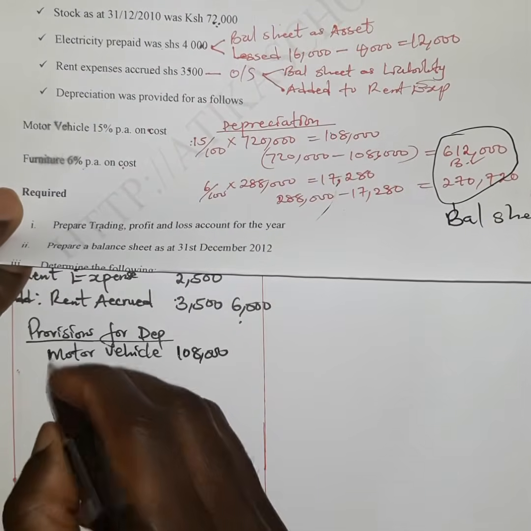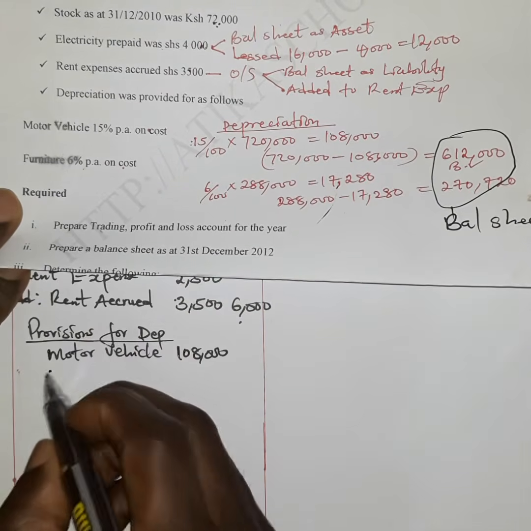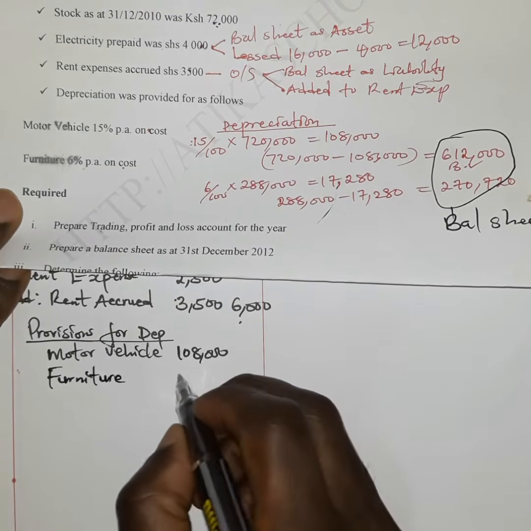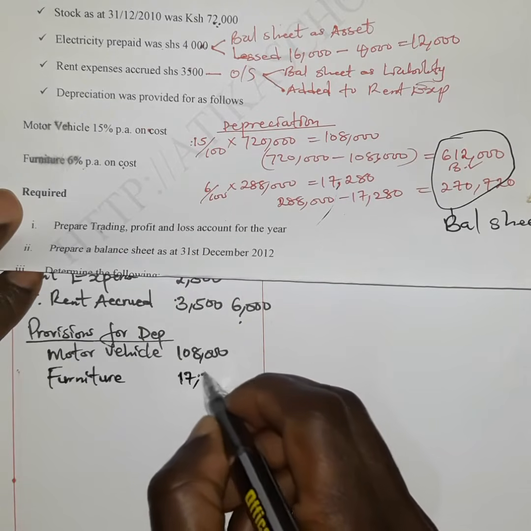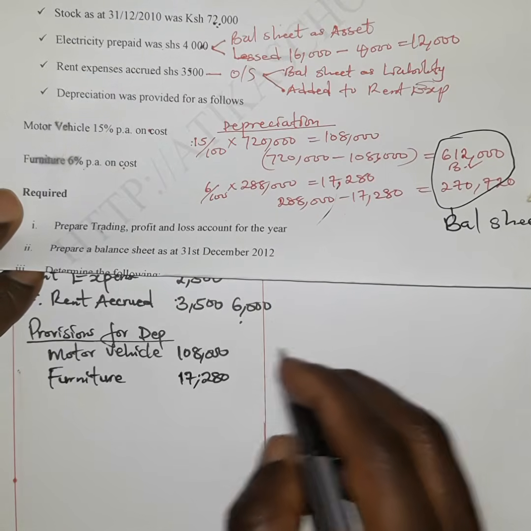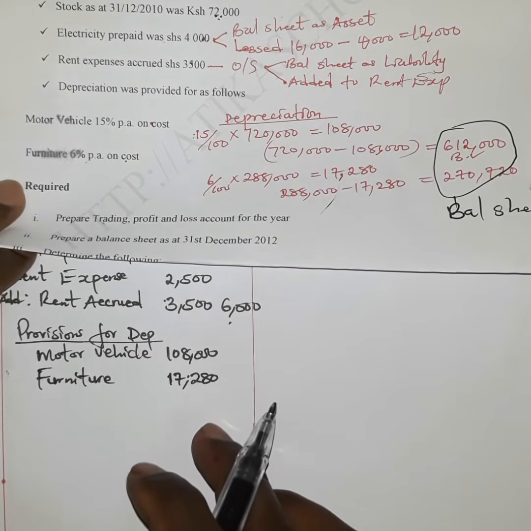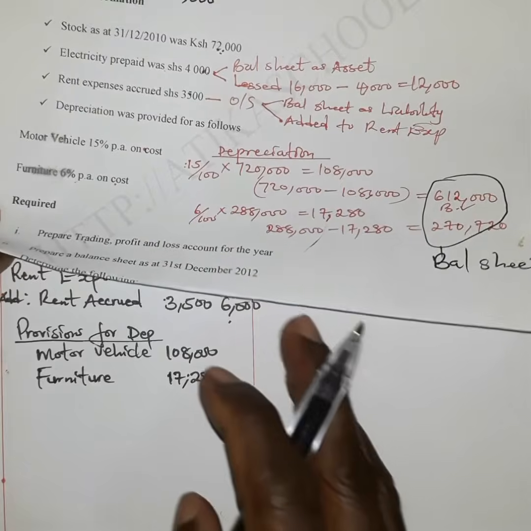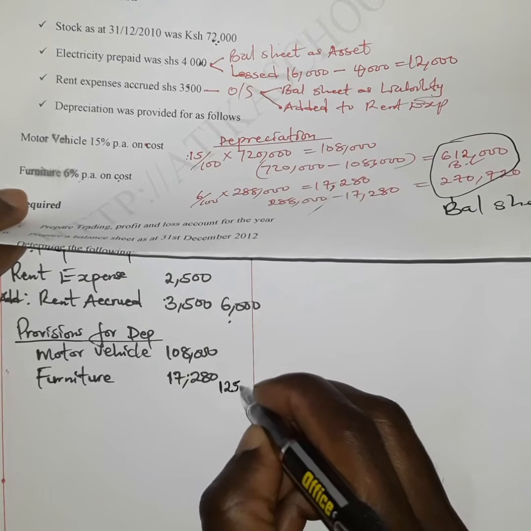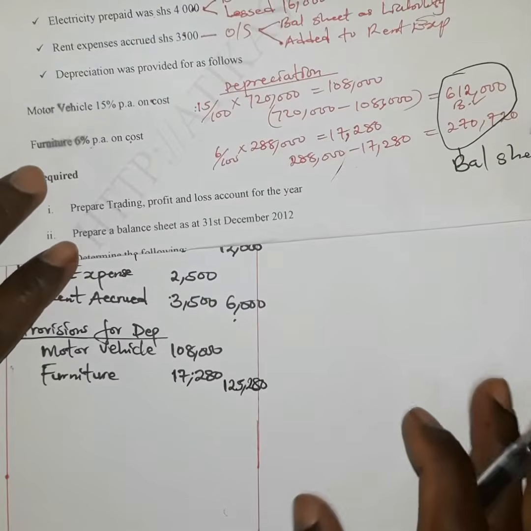Then we add another provision, which is on furniture. The furniture provision was 17,280. When we add these two, we get a value of 125,280. So 125,280 is the total of the provision for depreciation.